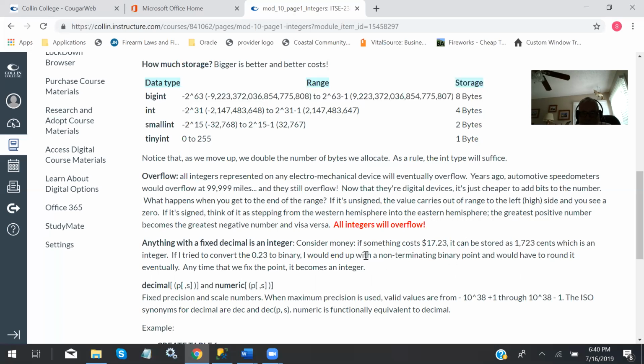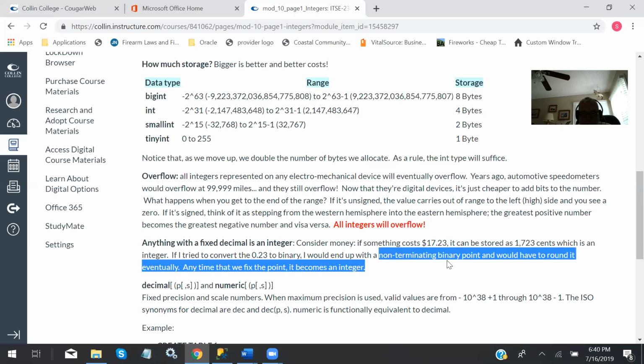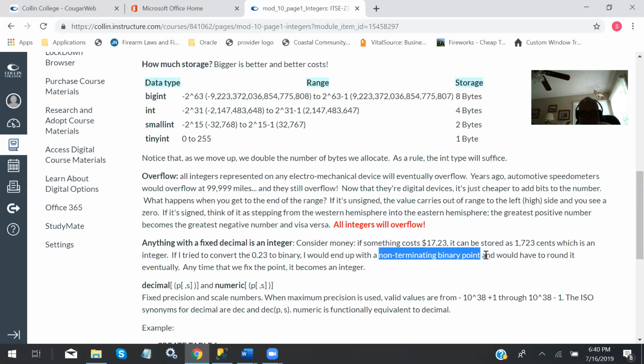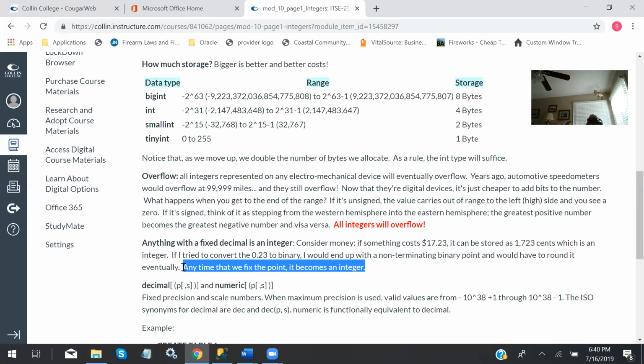But if I store it as 1,723 cents, it is an integer. Anytime we fix the point, it becomes an integer. So I have to fix that point, and that allows me to switch back and forth between bases without introducing a non-terminating decimal.